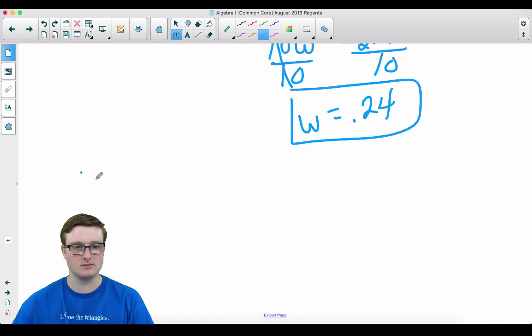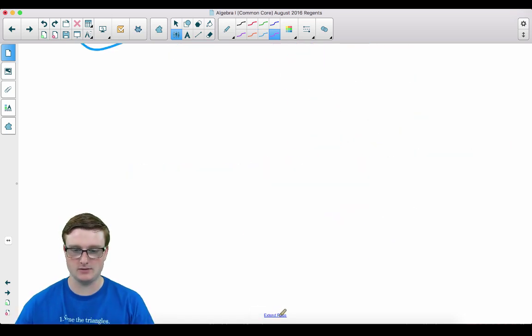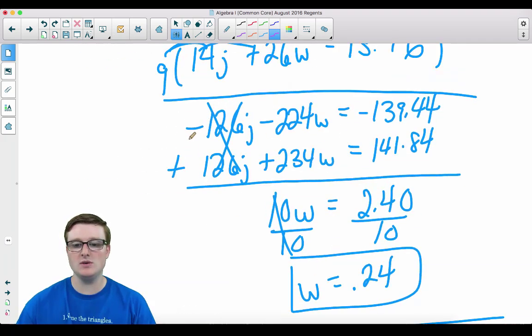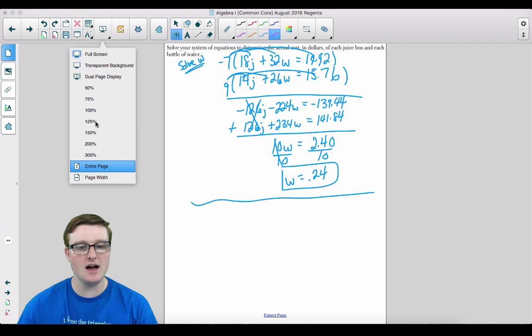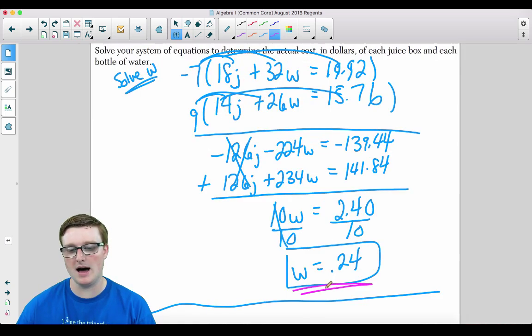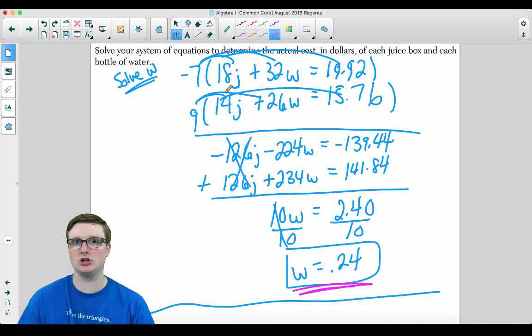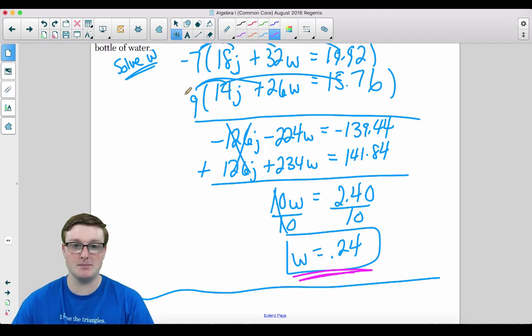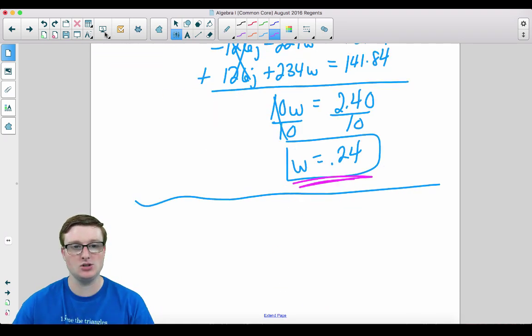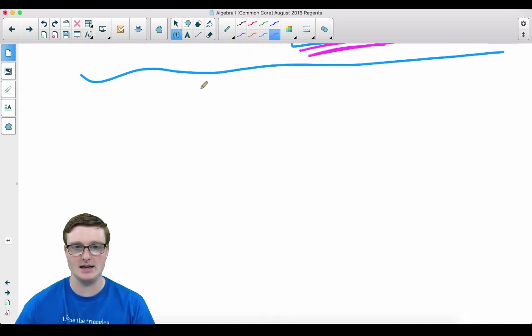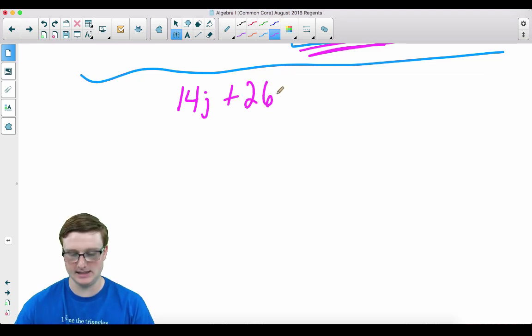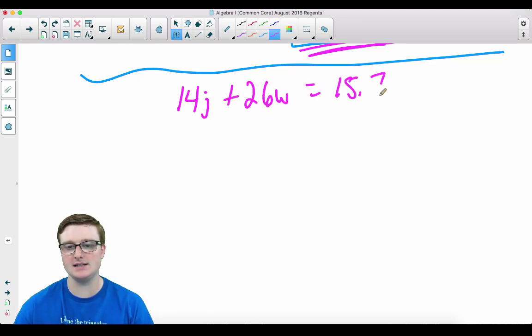Now, let's find the juice box. This was the hard part. Once you found the price of a water bottle, we could pick any one of these equations and just plug it in to solve for your juice box. So I picked the bottom equation to work with. So the bottom equation, once again, is 14J plus 26W equals 1576.